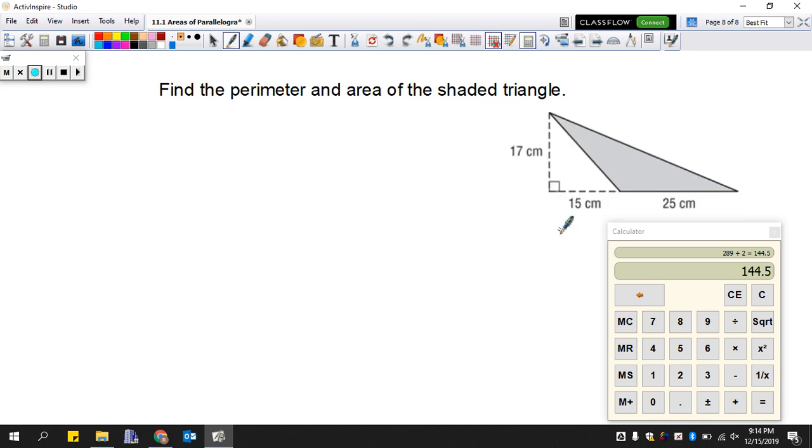Our last example is a triangle that actually has the height on the outside of the triangle. Which makes no difference as far as finding the area. Now, it also really doesn't make a whole lot of difference as far as finding the length of this side.